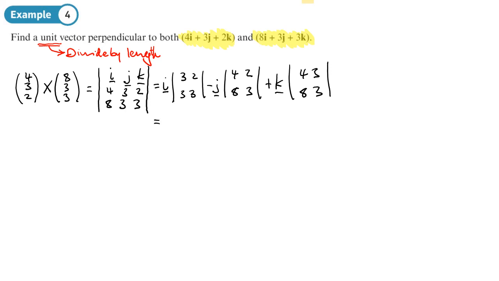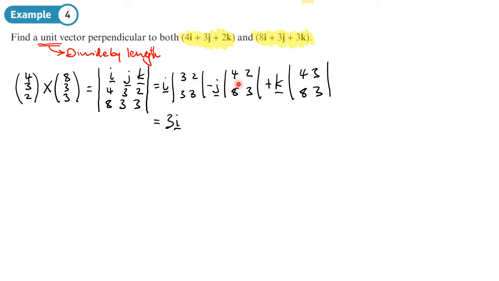Right, so what does that give us? Starting with the first one, that's going to be 3 times 3, 9, minus 6, so that's 3, so that's going to be 3i. This is really quick this way. Moving on to the next one, this will be 12 minus 16.